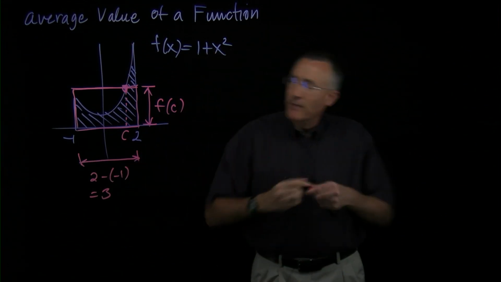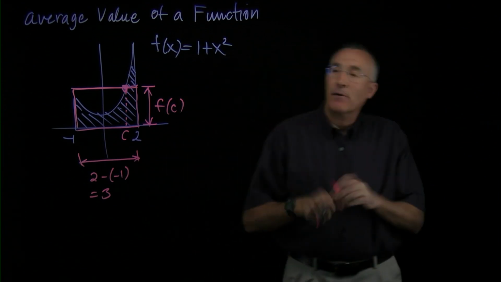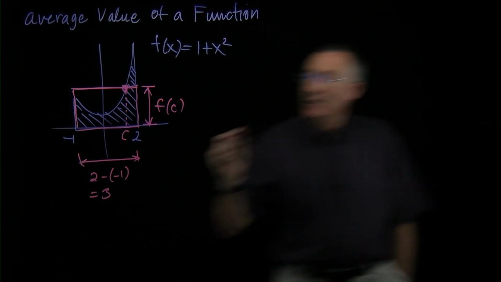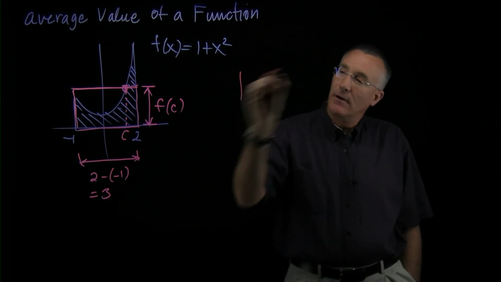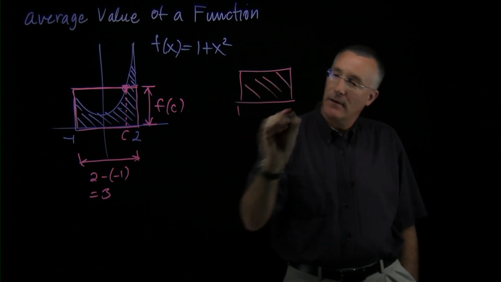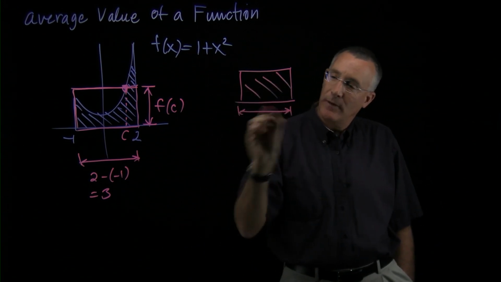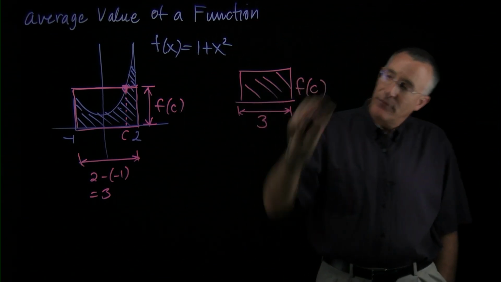So let's see if we can figure that out. To make them the same, the area of our pink one is going to be length times width. So here this is 3 and this is f of c.